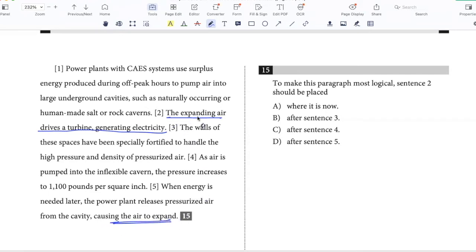So this part, the expanding air then drives a turbine to generate electricity, should ideally come after sentence 5, because that connects with the expanding air of sentence 5. Also, this completes the process of power generation, which is what I'm looking to understand from this paragraph. So sentence 2 should come after sentence 5.